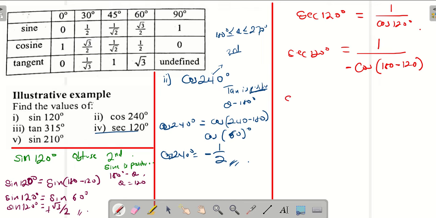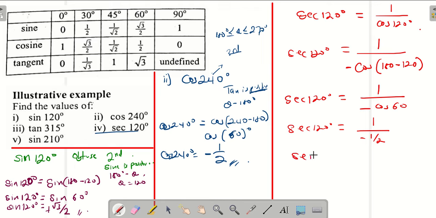So sec 120 degrees is equal to 1 over negative cos 60 degrees. Cos 60 is 1 over 2, so it is negative 1 over 2. So sec 120 degrees is going to be negative 2 as the answer.